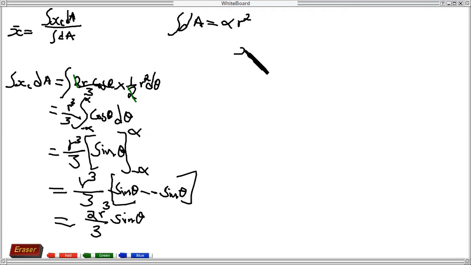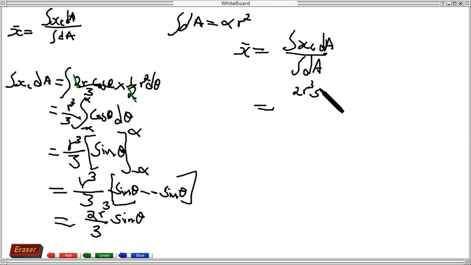So I'm going to put this equation here: the integral of x dA over the integral of dA. The numerator is what we have here already: 2 r to the power 3 sin of the angle divided by 3.